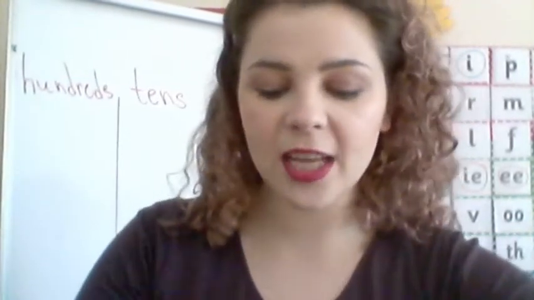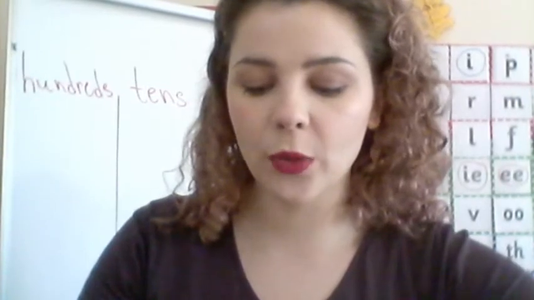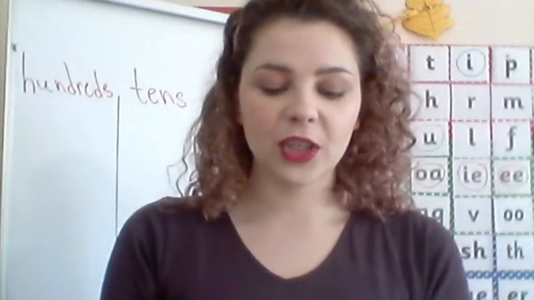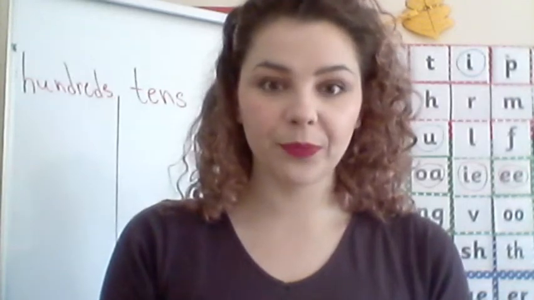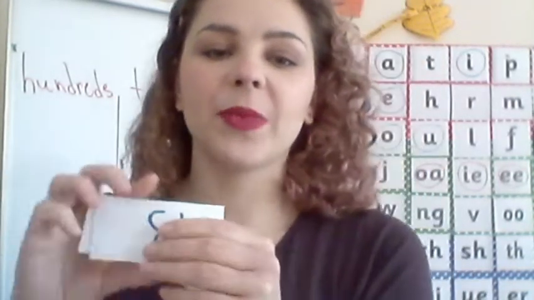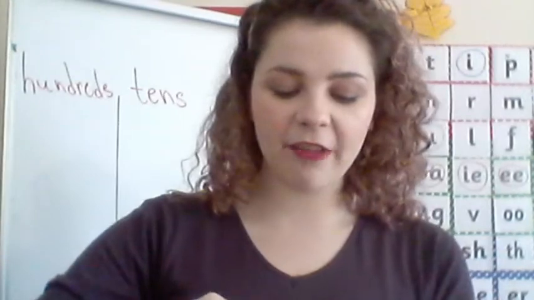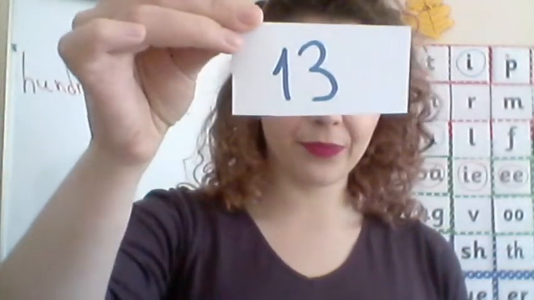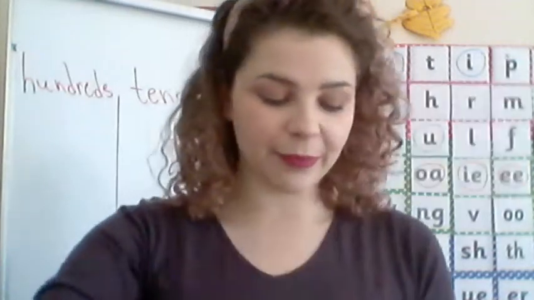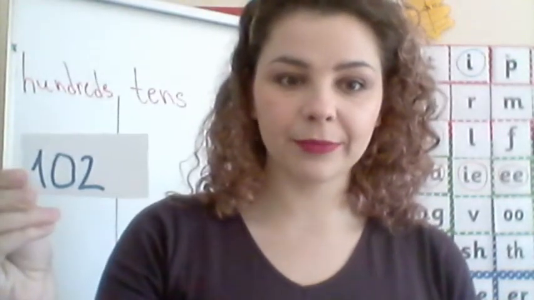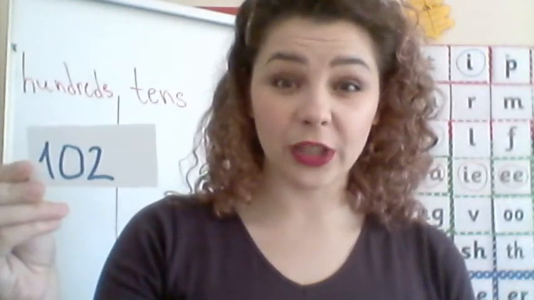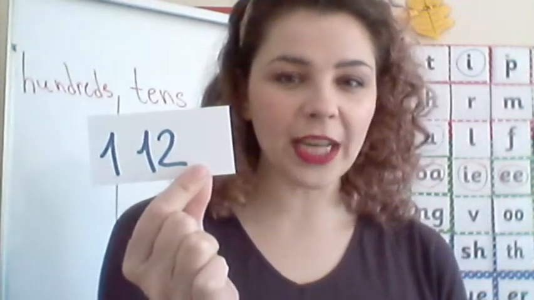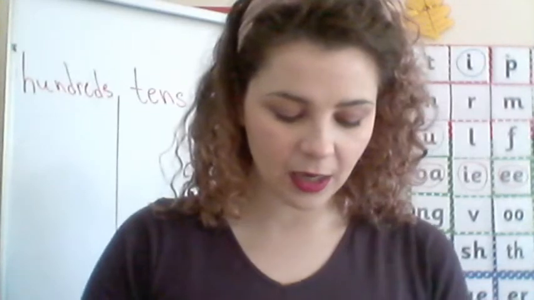Okay, just to make sure we know these numbers well, I'm going to repeat them one more time. So we have number, can you say it before me? Number 13. Number 102. Number 112.